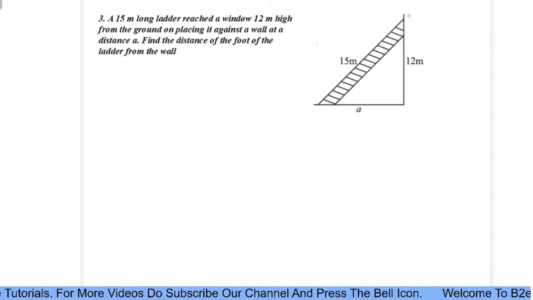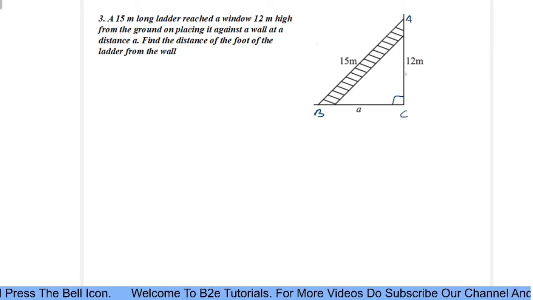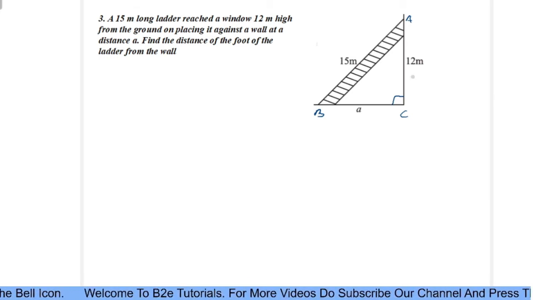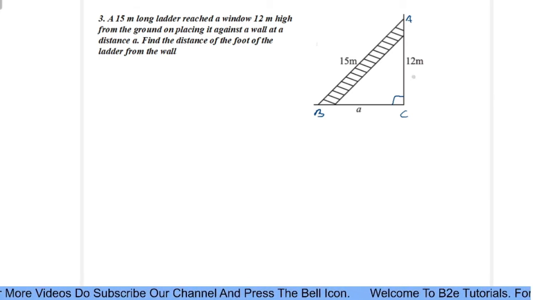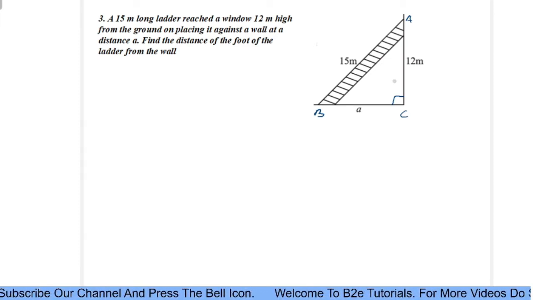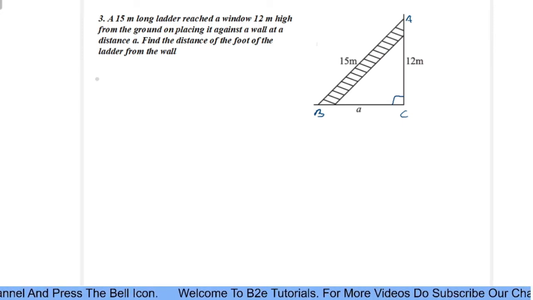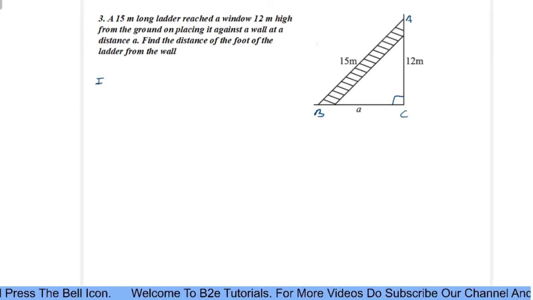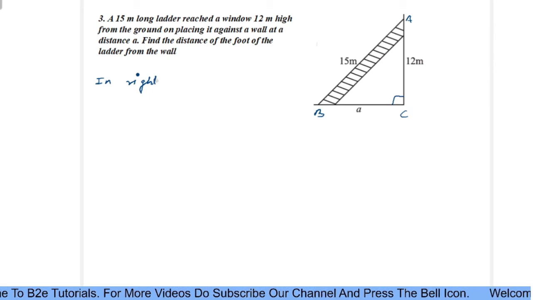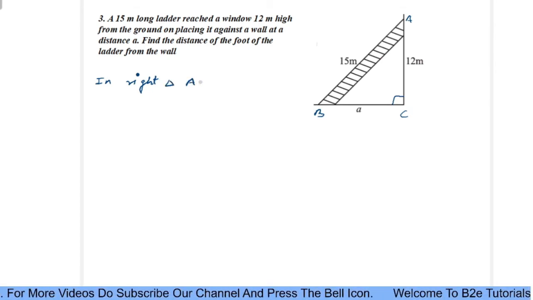Name this triangle as A, B, right angle at C. Here AC is 12 meter, AB is 15 meter, and BC, let us take it as E. Now in right triangle ACB.